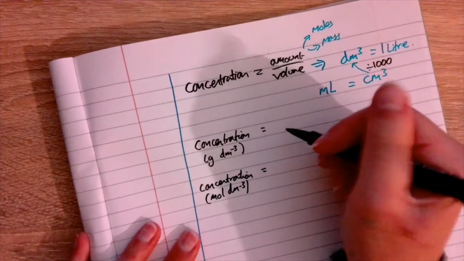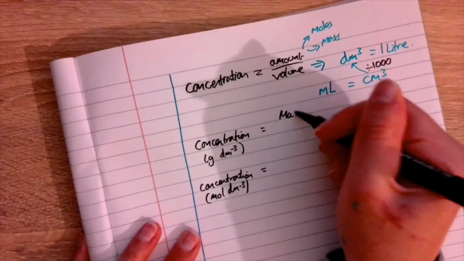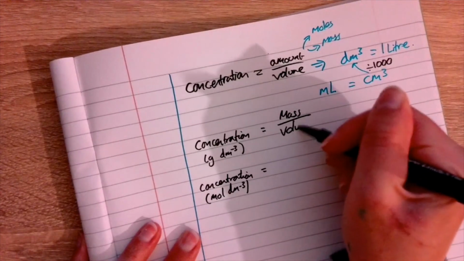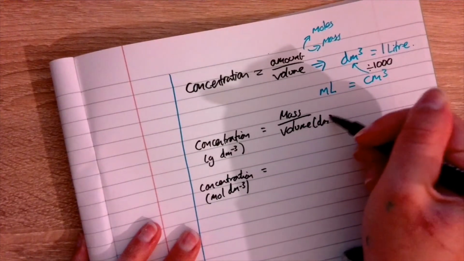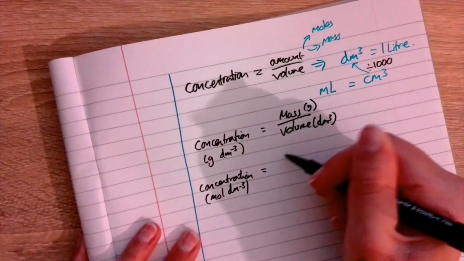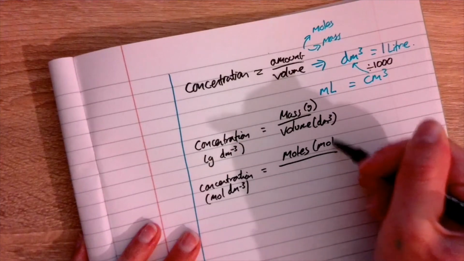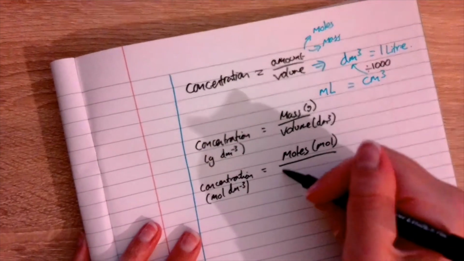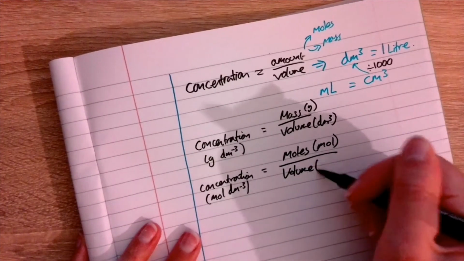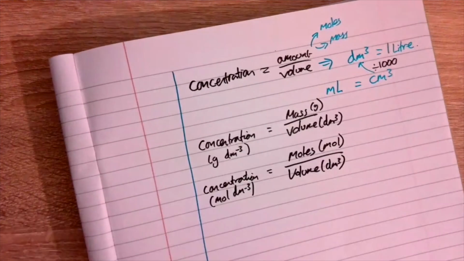So in each of these instances we're doing our amount divided by our volume, ensuring that volume is in decimetres cubed, and then our moles, just our number of moles, divided by our volume, which is in decimetres cubed.